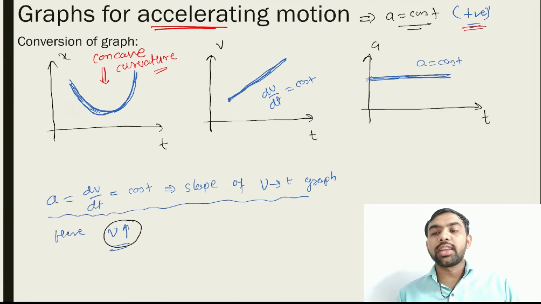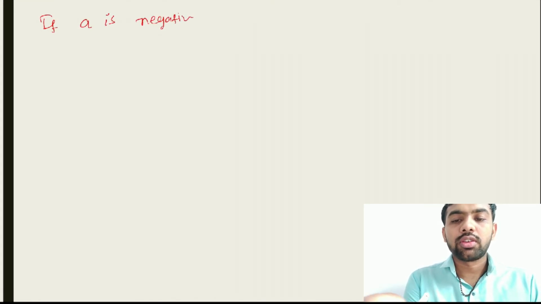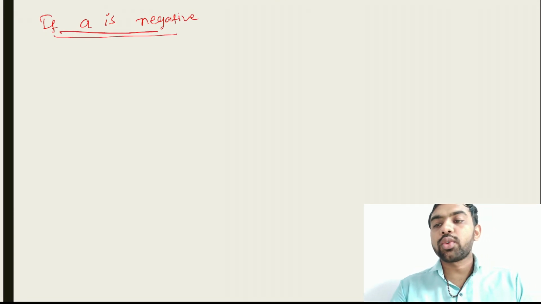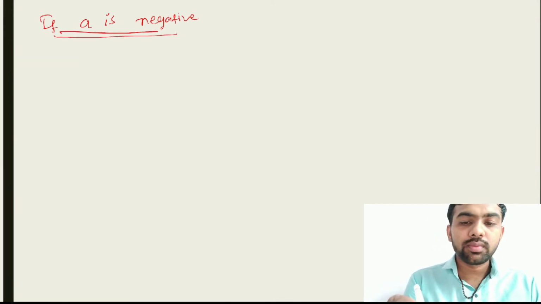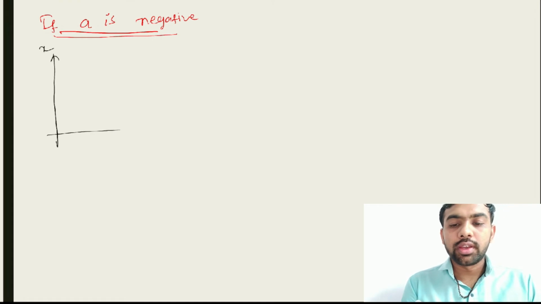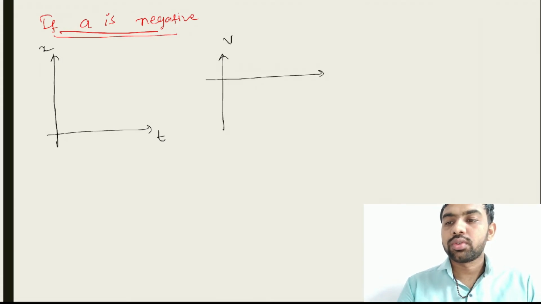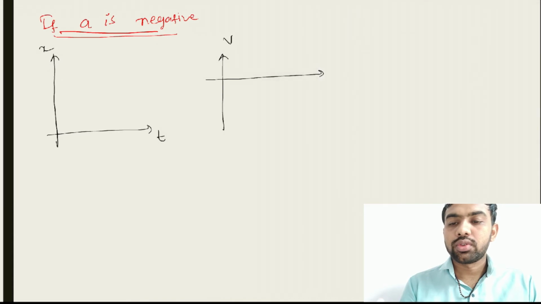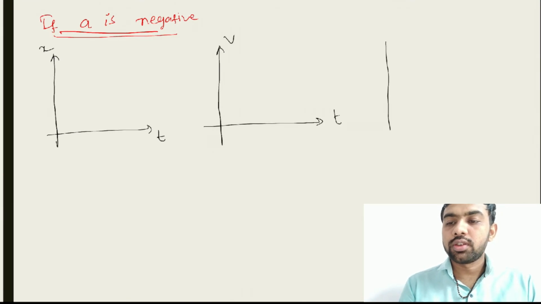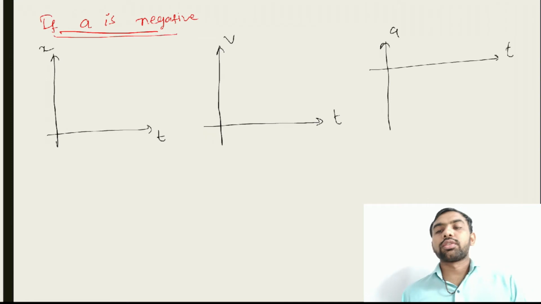Now let's think about a being negative. Again we draw three graphs: x versus t, v versus t, and a versus t.